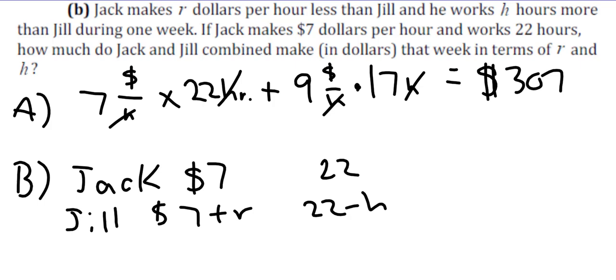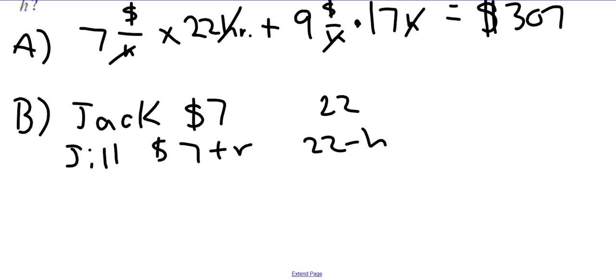So now we just have to do the same thing that we were doing in A. It just has more variables in it. So I'm going to scroll this down here. We're going to start off again with 7 dollars per hour times 22 hours, just like before.